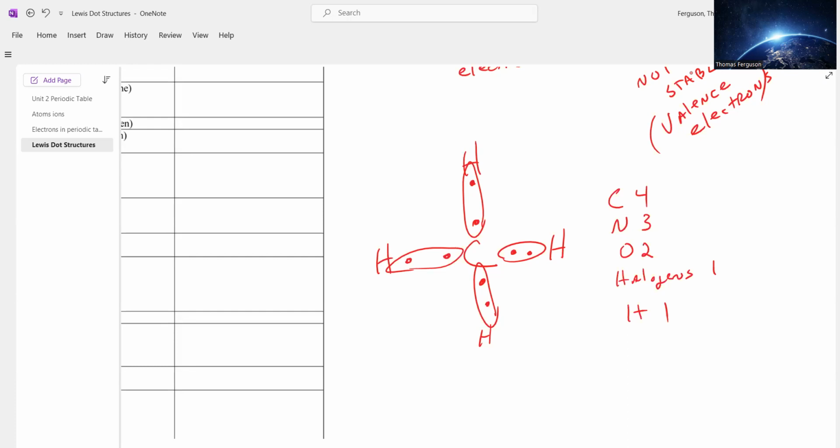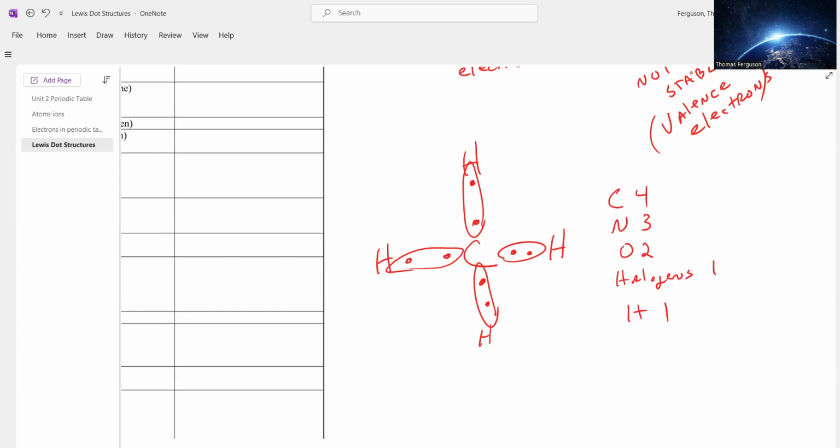So the next step is to connect each bond. Oh, let me back up one step. Step 4 is evaluate each atom has a full shell. Now, what I mean by a full shell is the orbital, I'm going to call that a shell. So the first shell down is 2, but those are core electrons. The valence shell, is it full? How many electrons is carbon sharing?